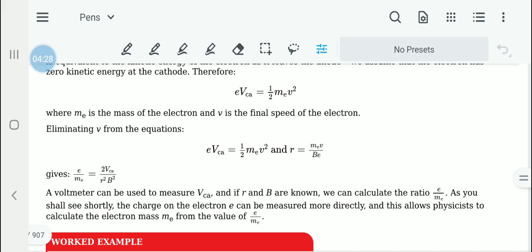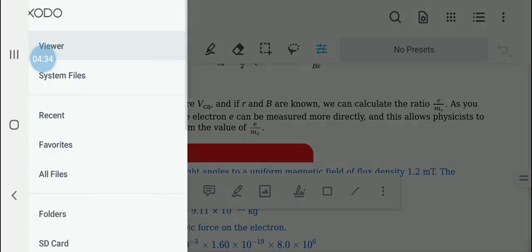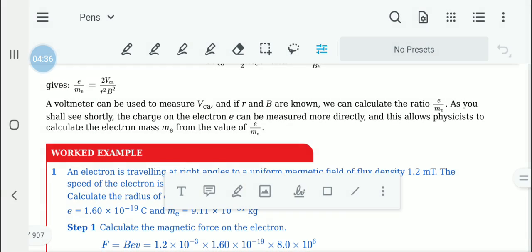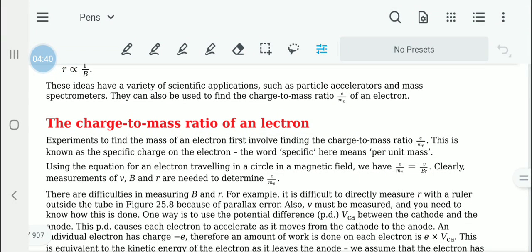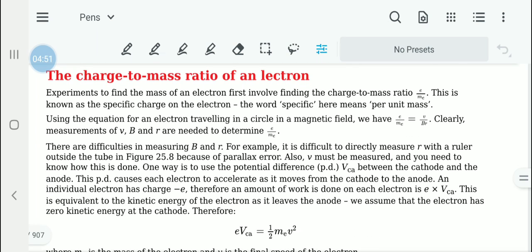This might sound a little bit difficult, but it is not actually. The only thing that you need to remember here is the relationship between the kinetic energy and the potential energy that is generated as a result of this particle moving through a magnetic field.